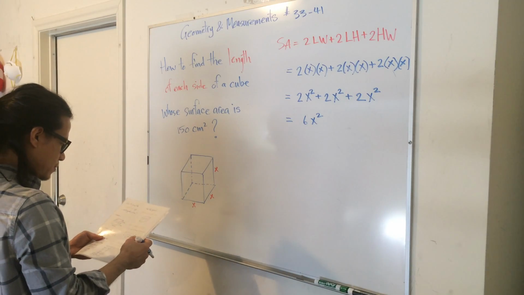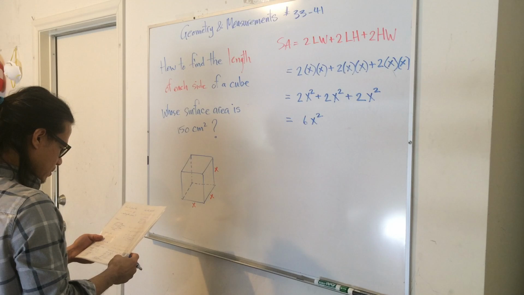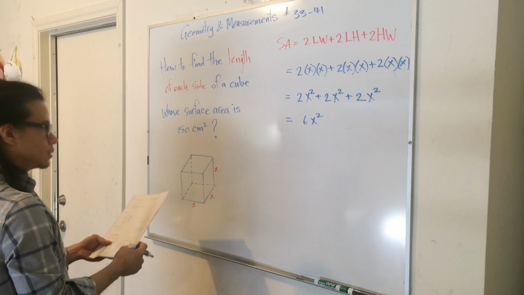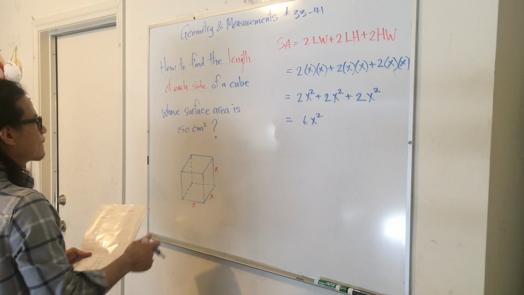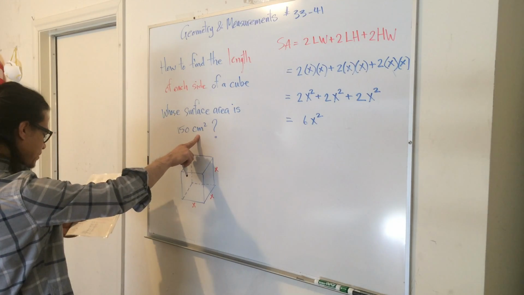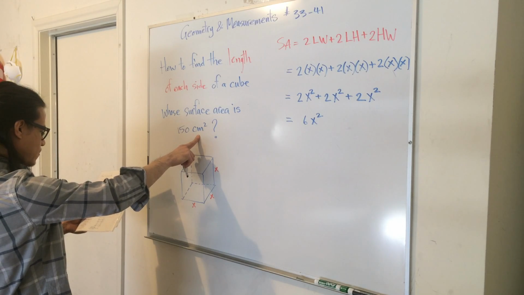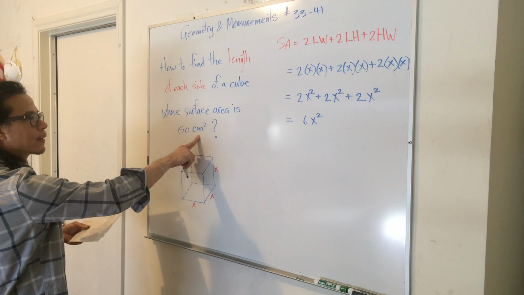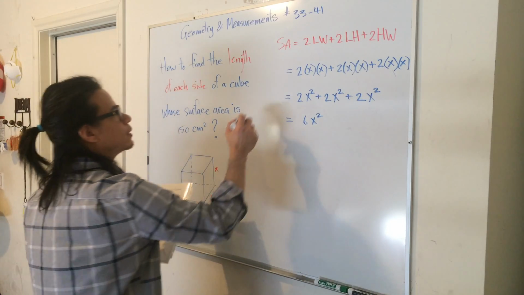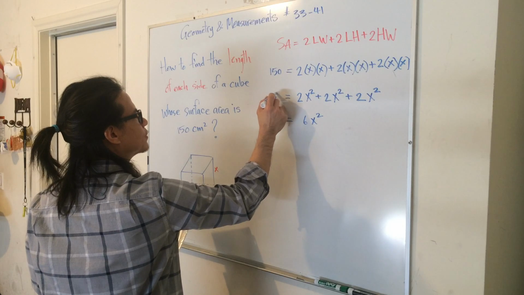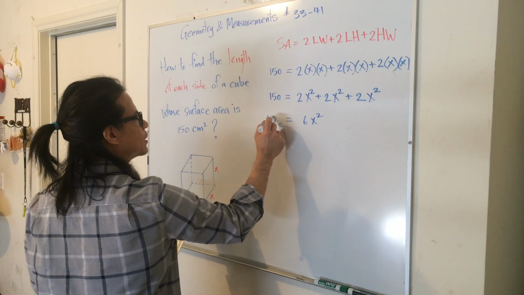That's our surface area. And then we're going to set it to be 150 centimeters squared. So here is 150, 150, 150.